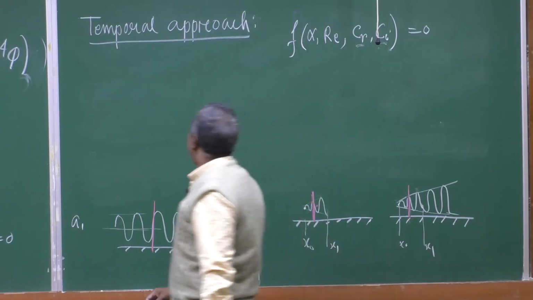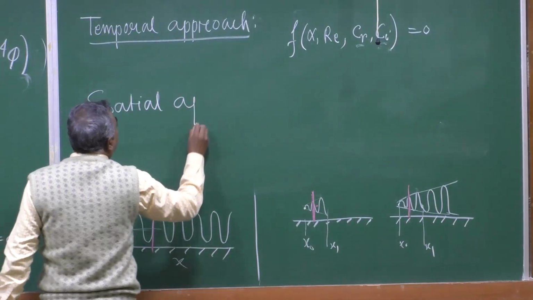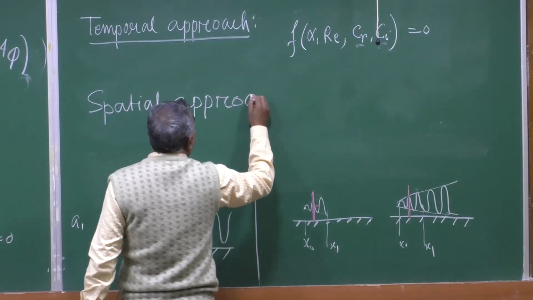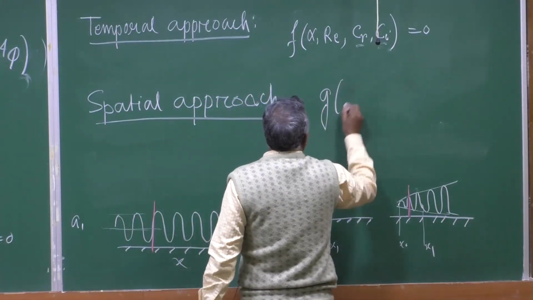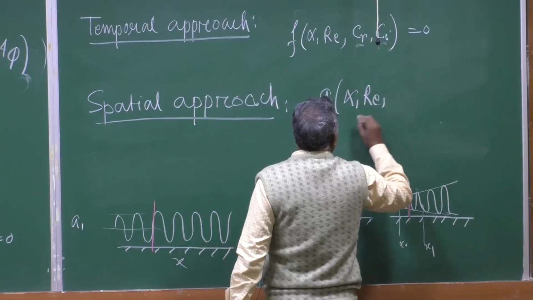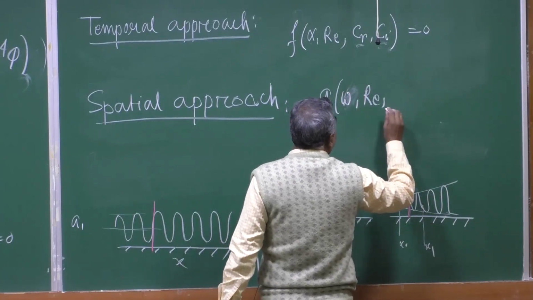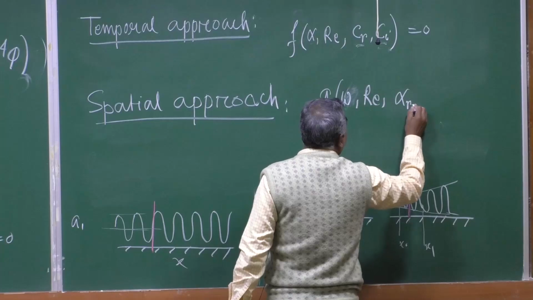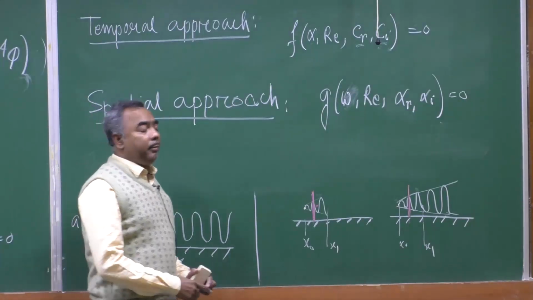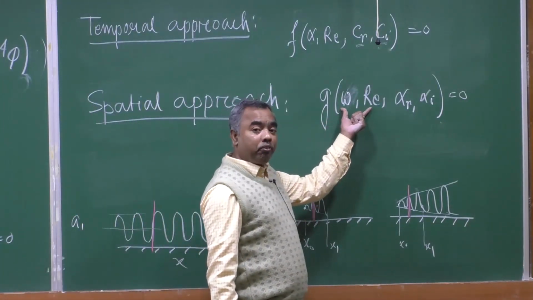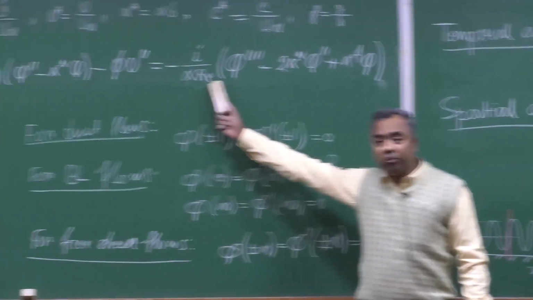In the spatial approach, what do we do? We provide omega and RE, and we find alpha R and alpha I. Given these values, we try to find for what values of alpha R and alpha I this particular equation is going to be satisfied.